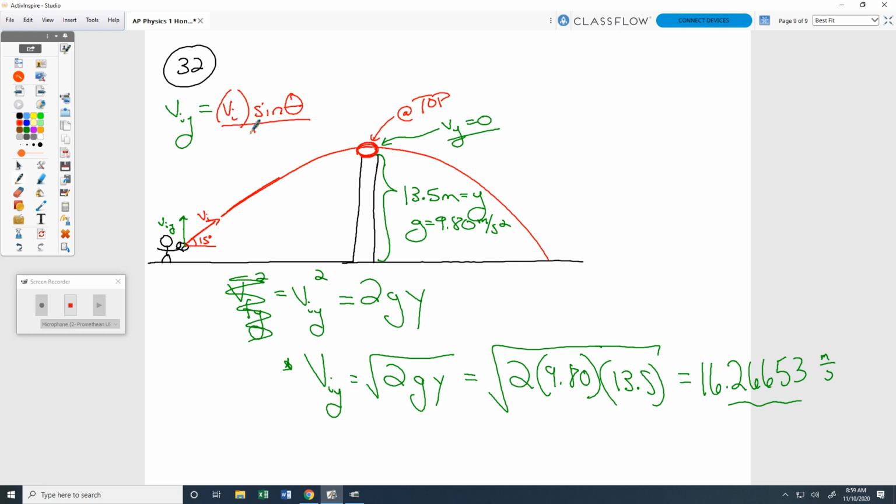So if I divide by the sine of the angle on both sides, hello VI. So just a little bit different. We're dividing by that sine. We should get a number larger than that. How do I know it's going to be larger than that? Because the sine of every single angle always has to be less than 1. And if I divide by something less than 1, I get a bigger number.